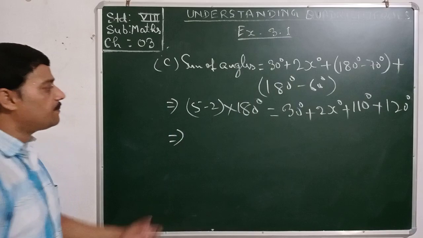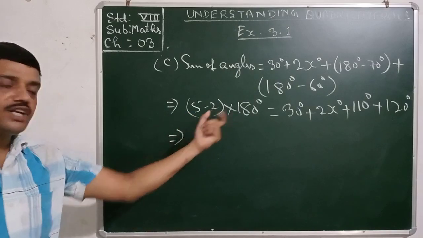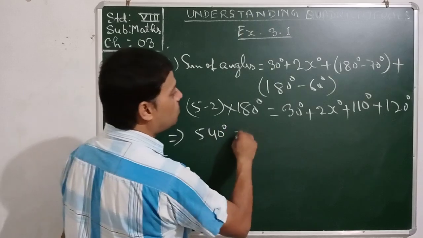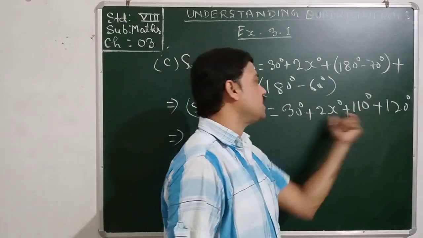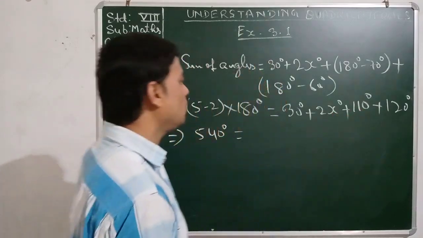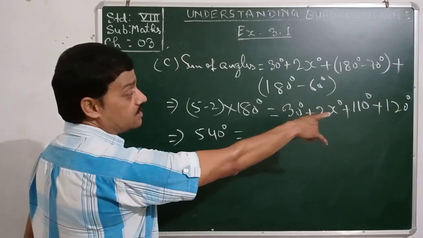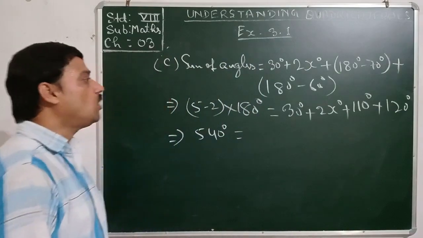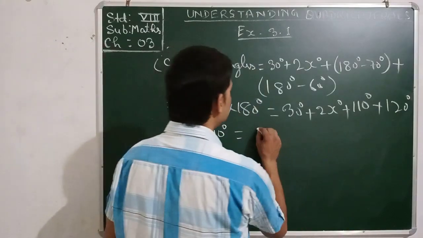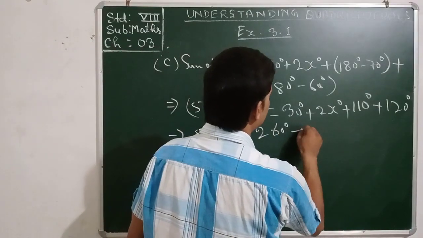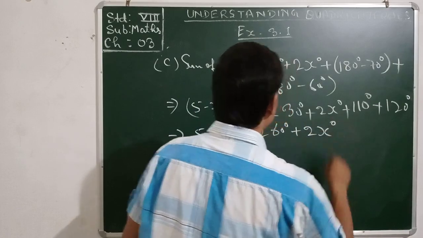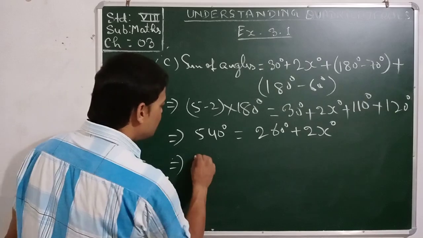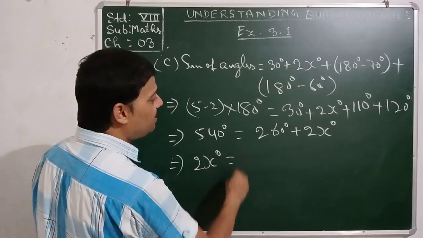In the next step, we will get 3 into 180 degrees, that is 540 degrees equal to 30 plus 110, 140 plus 120, that is 260 degrees, plus 2x degrees.